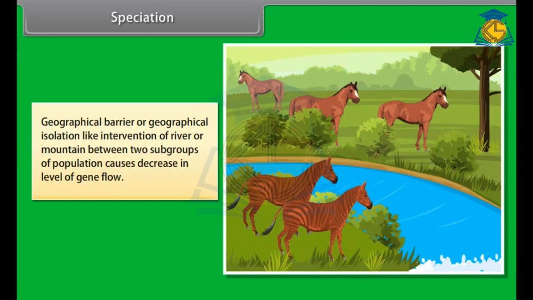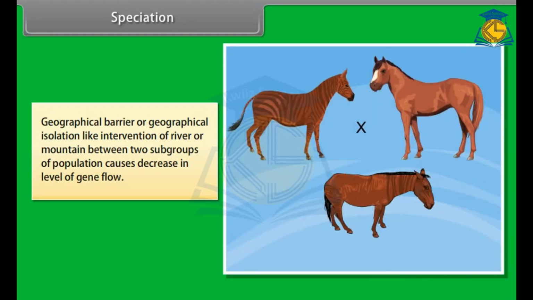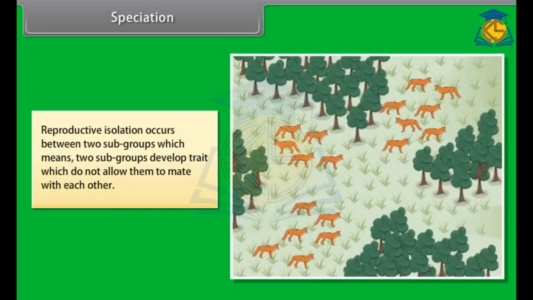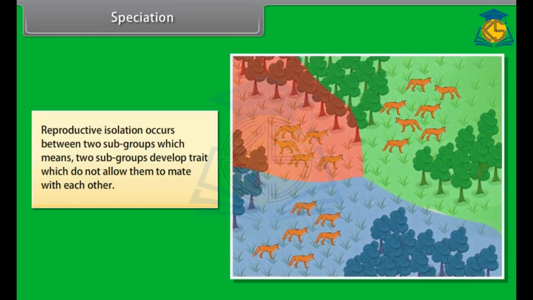Geographical barrier or geographical isolation, like intervention of a river or mountain between two subgroups of a population, causes decrease in level of gene flow. Reproductive isolation occurs between two subgroups, which means two subgroups develop traits which do not allow them to mate with each other. Evolution and classification.